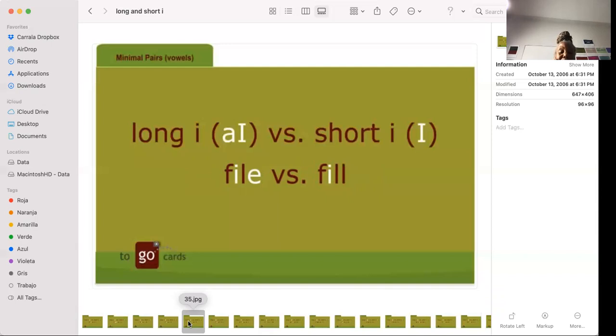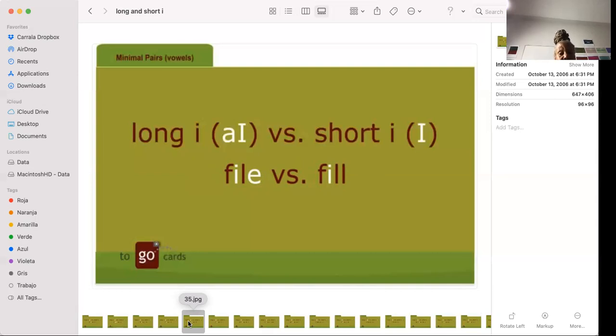You have to be careful because that I for feel, the first one I said, feel, that's incorrect. It's fill, because sometimes that short I sounds very close to the long E sound. Depending on what area of the United States, some people will pronounce F-I-L-L and F-E-E-L the same.